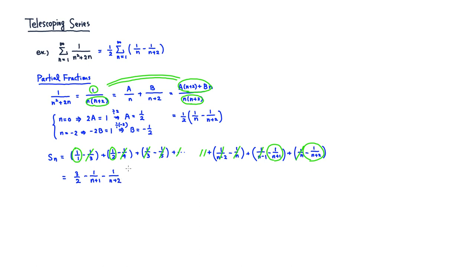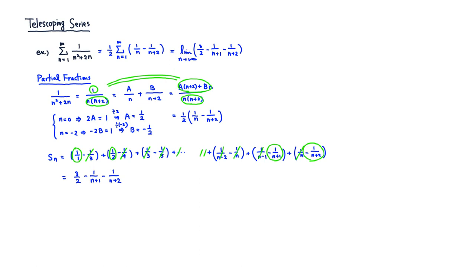Once you have a partial sum, to find the actual sum of the infinite series, you just have to take the limit of the partial sum, which is 3/2 minus 1 over n plus 1 minus 1 over n plus 2 as n approaches infinity.